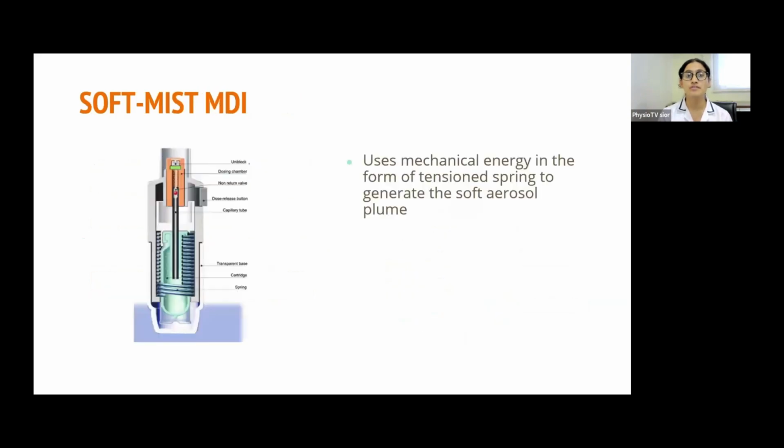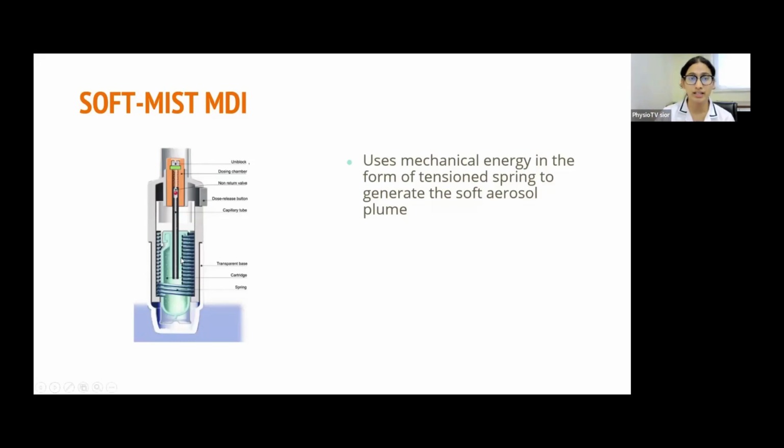Talking about soft mist MDI. Instead of using propellants, soft mist MDI uses mechanical energy in the form of a tension spring to generate the soft aerosol plume. Here, if we see, this is a transparent base which can be turned around, which will apply tension to the spring which is present here.